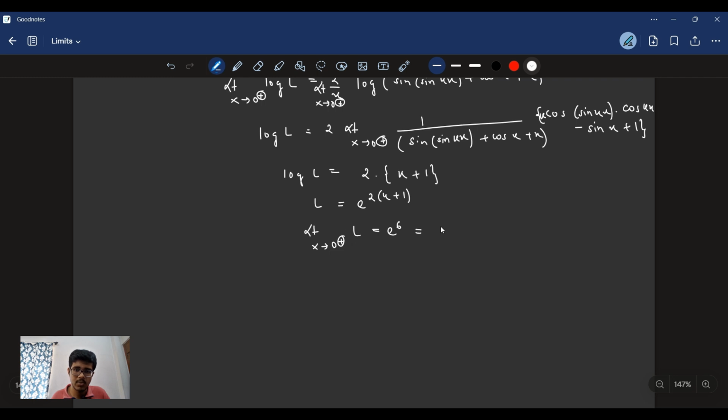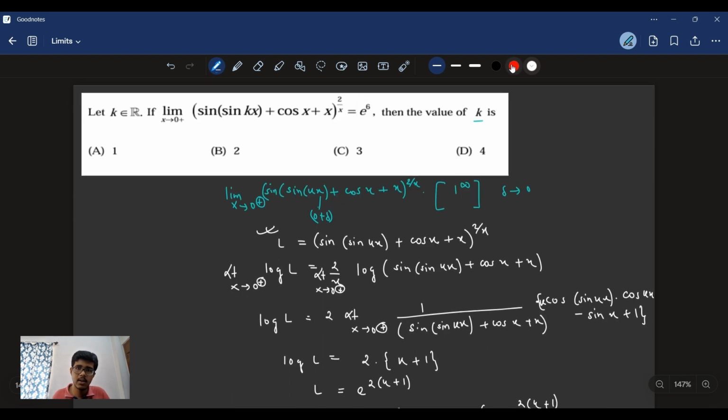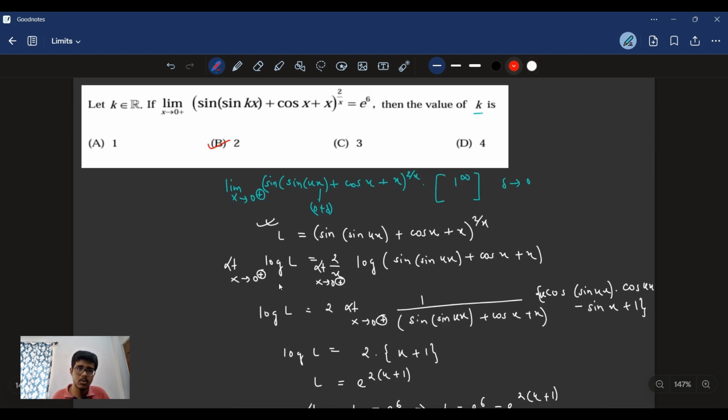Here there is no x present, so I can write directly L is equal to e to the power 6, which is basically equal to e to the power of 2(k plus 1). Therefore, if I compare both the powers, k plus 1 is equal to 3. Therefore, k is equal to 2. So our answer is basically k is equal to 2.